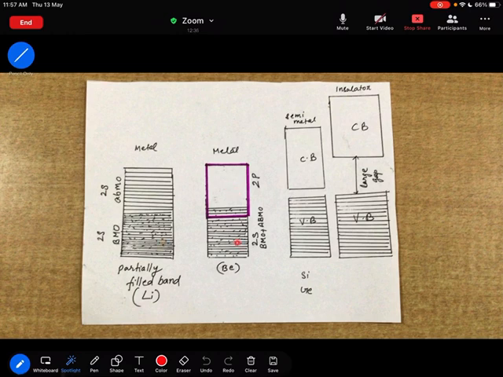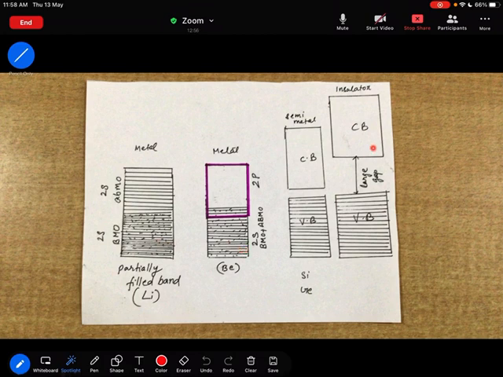So in these cases, under an applied electric field, they show conductivity. Electrons can flow easily and the metal shows conductivity. So lithium shows conductivity, beryllium shows conductivity.